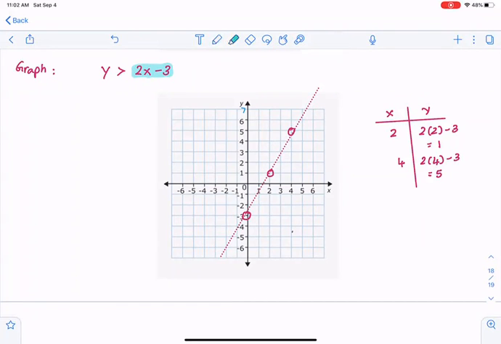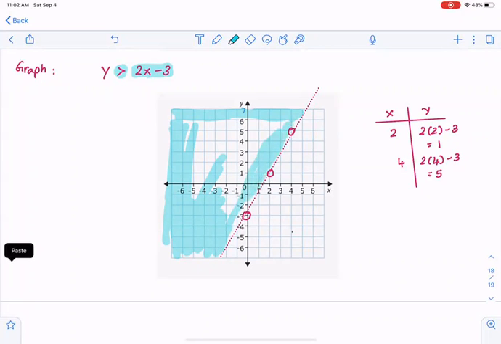And you look at the sign, it is greater than. So everything over here will be a solution.